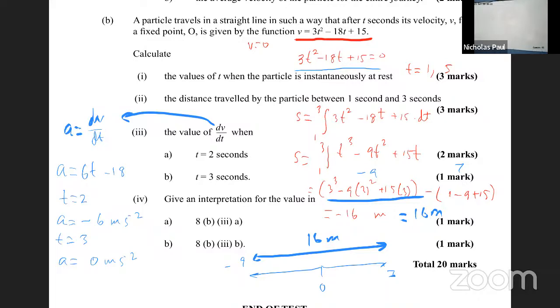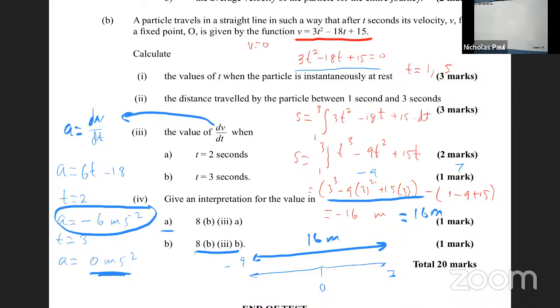So in part 4A, we could say that it decelerated because the acceleration is negative. Timia, are you okay with that? And then in the last one, because the acceleration is 0, we could say it either came to rest, or is at constant velocity. And it shouldn't be at rest.